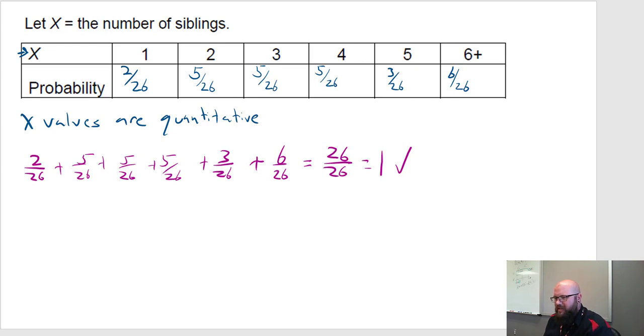So now we're looking at our X values. We said the number of siblings, as far as 1, 2, 3, 4, 5, and 6.